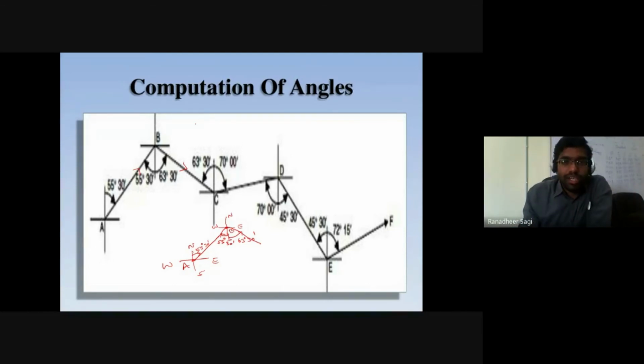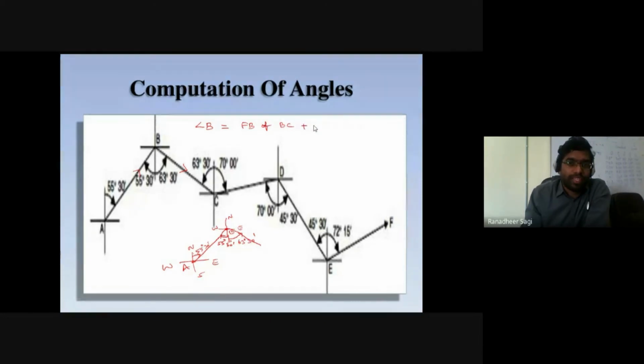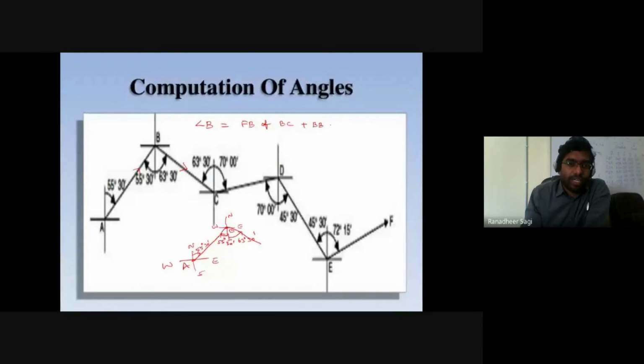The angle at B, the interior angle at B, I can write as the forebearing of BC line plus the back bearing of AB line.